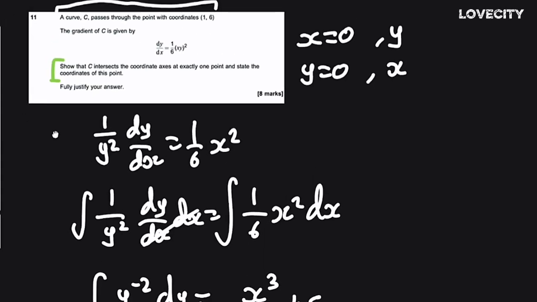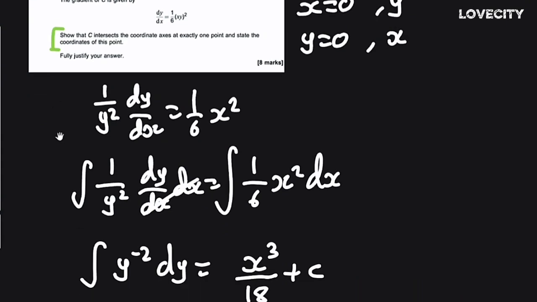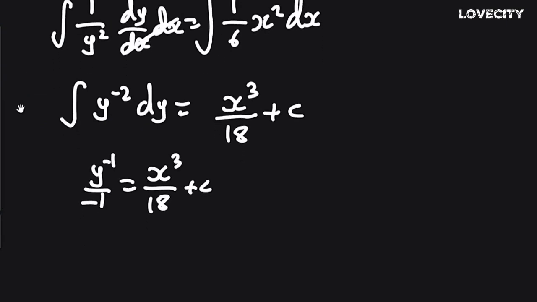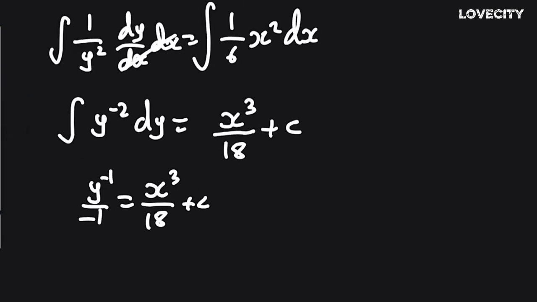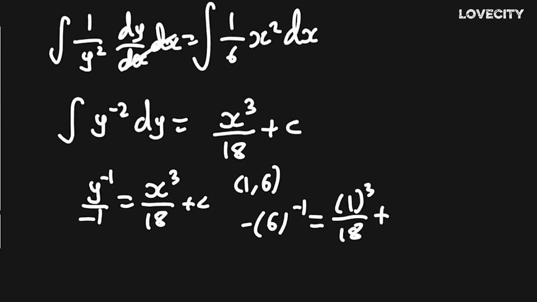Now next, we need to make use of our information, the 1, 6. That's going to tell us c. So we know that this curve is going to pass through the point 1, 6. So we have 6 to the power of minus 1, but we've got a negative, is equal to 1 cubed over 18 plus c.